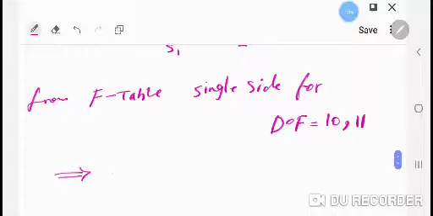From the F test, the alpha of the table is 0.005.